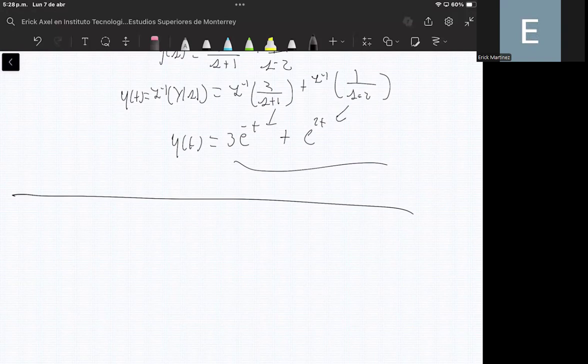So we have here another example. Now I will make a second order differential equation, only to tell you how you can do that.